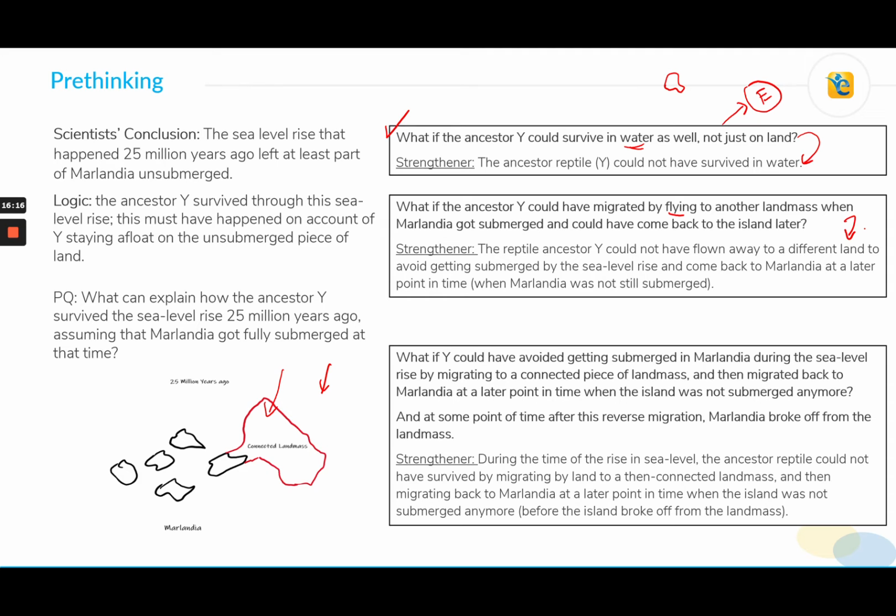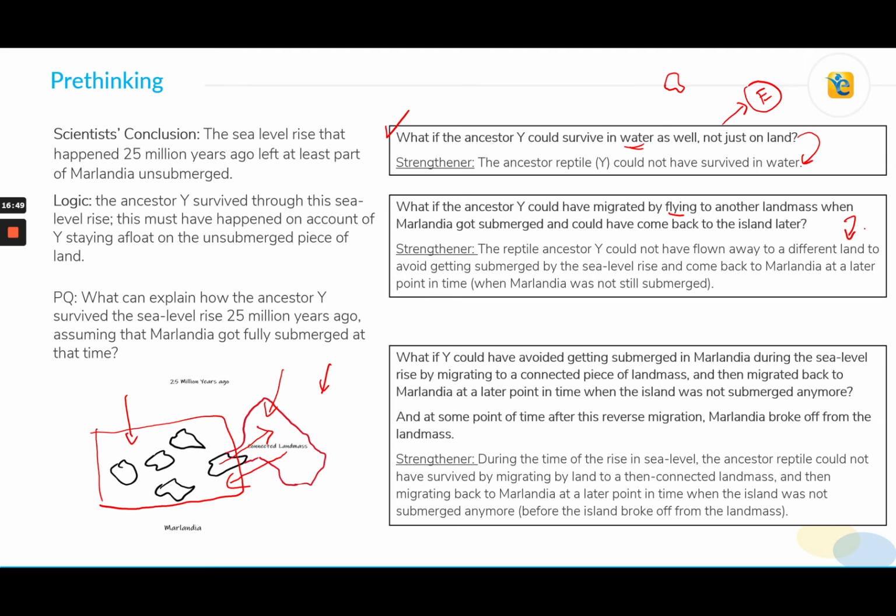And what if during the sea level rise, Marlandia completely got submerged, but as the sea level was rising, at least some members of the species migrated to this connected landmass, and later on when the land re-emerged, at least some members of the species did a reverse migration. They came back to Marlandia and repopulated it. So essentially, this is migration by land.